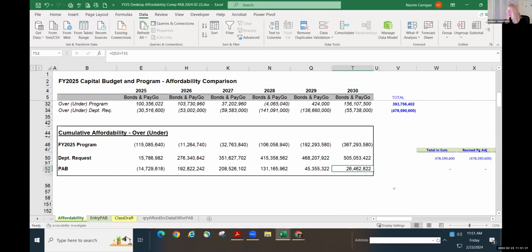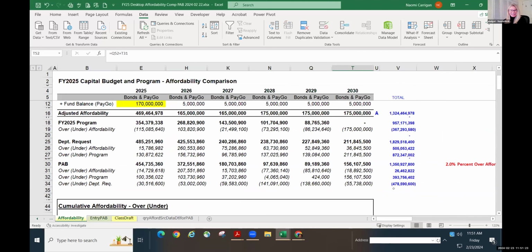2%. 26 million. We're at 2%. We could just pause right now with 2, make that our 0. I'm comfortable with that. I'm okay with that. I think we're positioned very well for where we are in the process. So it's good. Come back a few weeks later and revisit it, 2 weeks from now.